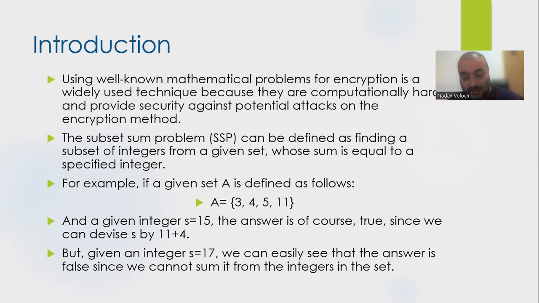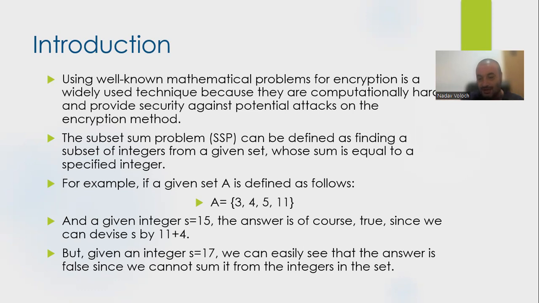So if S is 15, the answer is of course true, because we can sum 11 plus 4. But if we have a given integer of 17, for example, we can easily see that the answer is false. You can't sum up these items, any of them, some of them, even one of them, to 17.